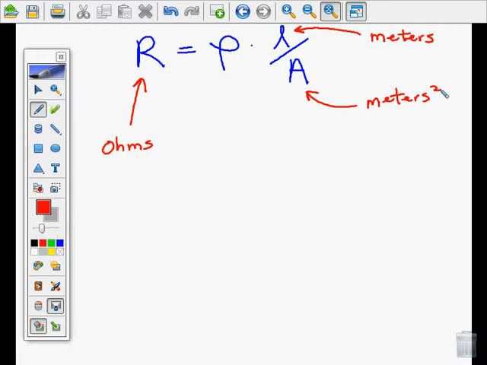So take a moment to look at the equation and try to determine what the units for the material number have to be, so that the units on the right multiply out and you're left with the ohms on the left.